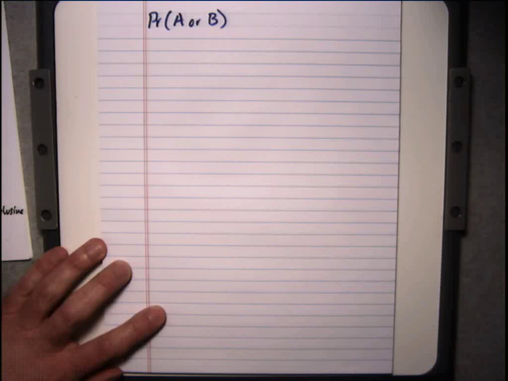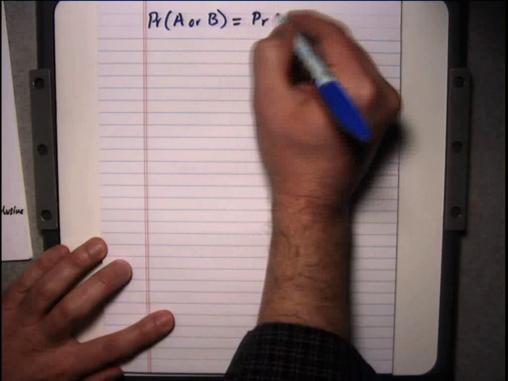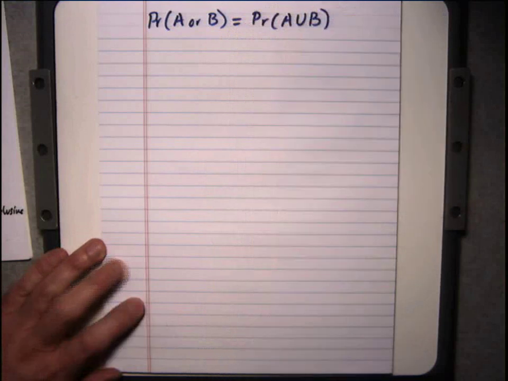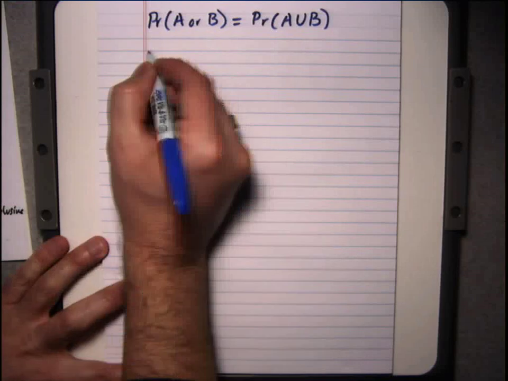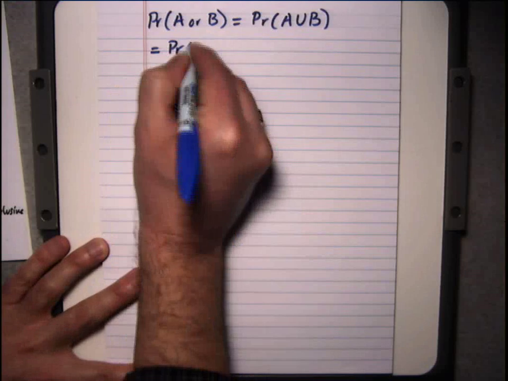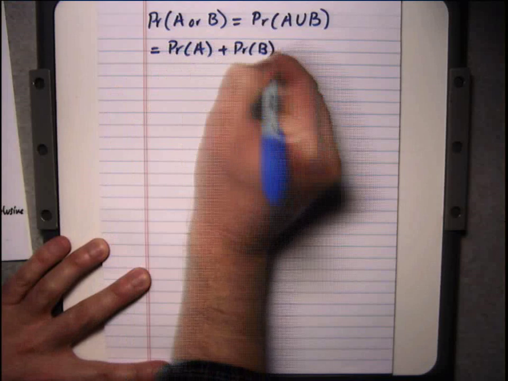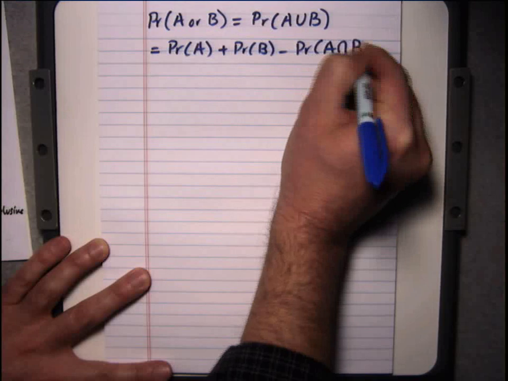It's also possible to write this as A union B. In terms of that picture that I showed you, A union B is the set of all points that is covered by both of those sets. So the general expression for this is that this is equal to probability of A plus probability of B minus the probability of A intersection with B.